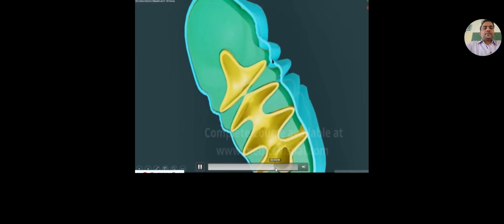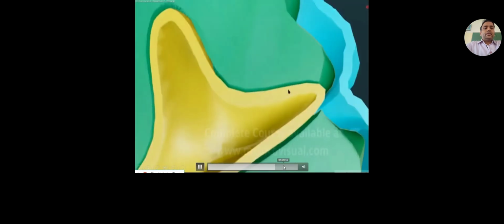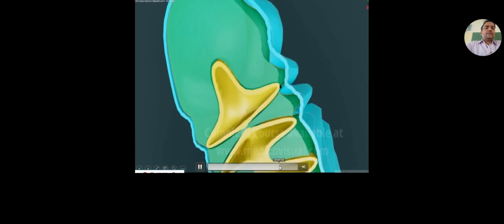What are membranes? If you just zoom in here, you can see where the inner endoderm and outer ectoderm meet, they are called membranes. So a pharyngeal apparatus has the 5 arches which are mesodermal, 4 clefts which are ectodermal, 4 pouches which are endodermal, and 4 membranes where ectoderm and endoderm fuse.